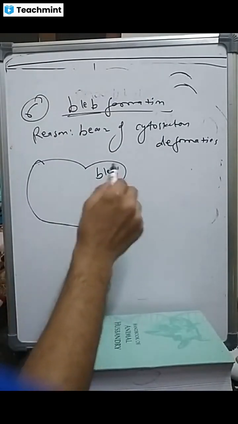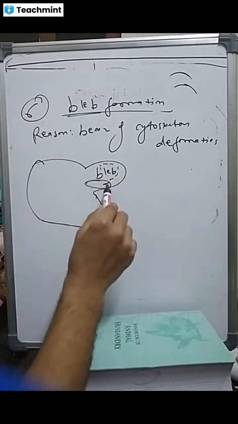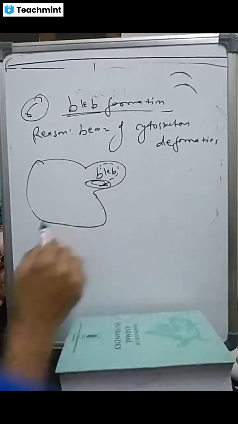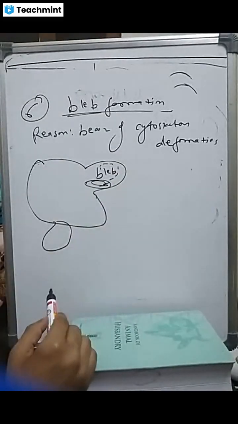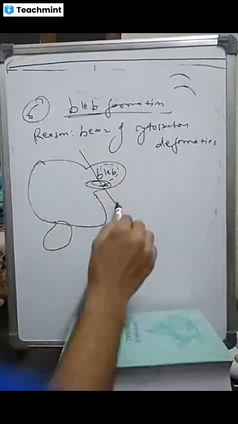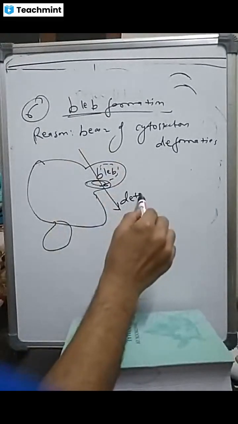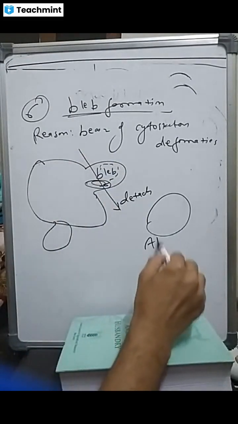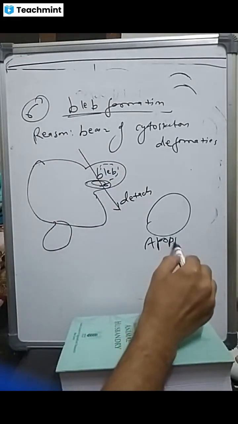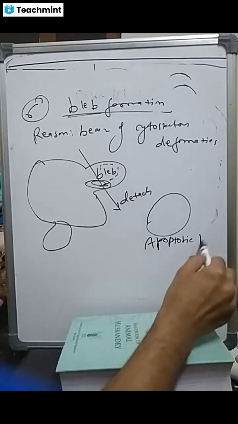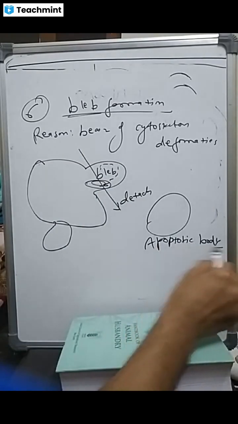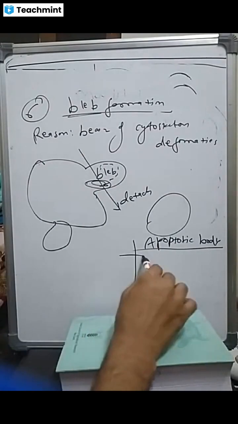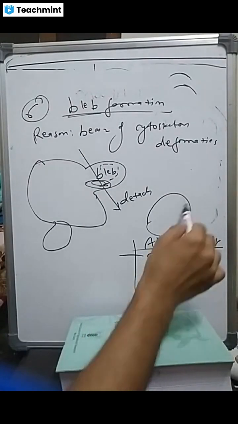It has cytoplasm and some organelles. So multiple blebs are formed in the cell. When a bleb gets detached, it is known as an apoptotic body. It is composed of cell membrane.